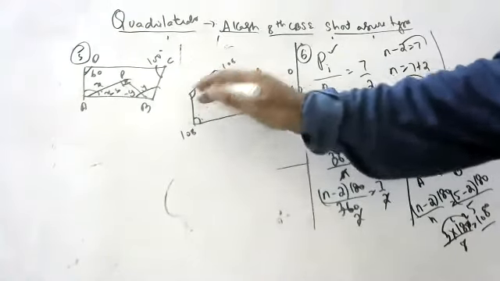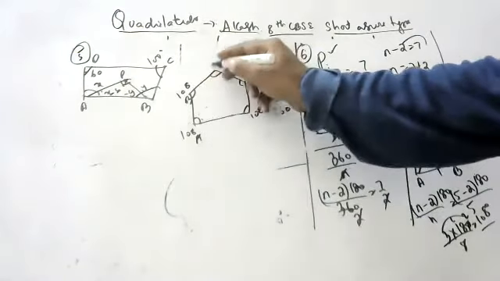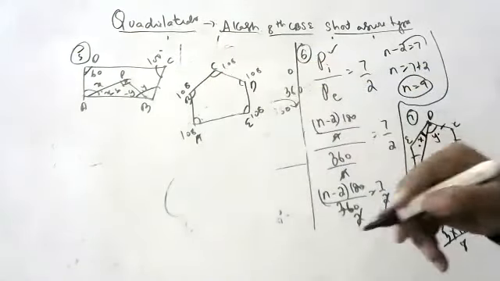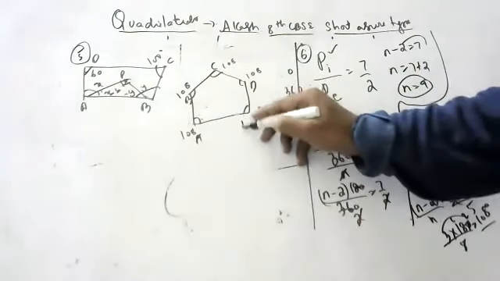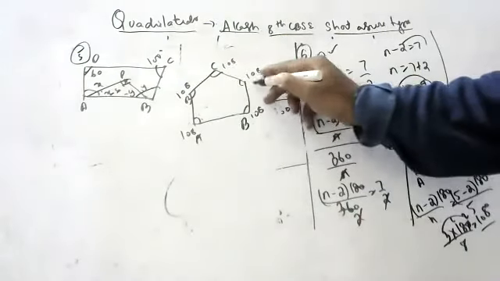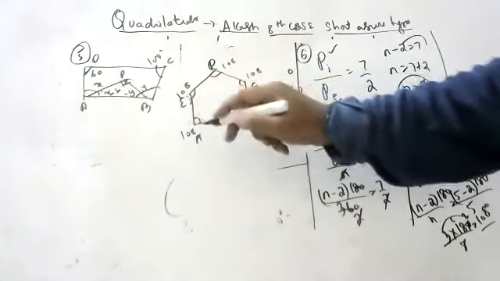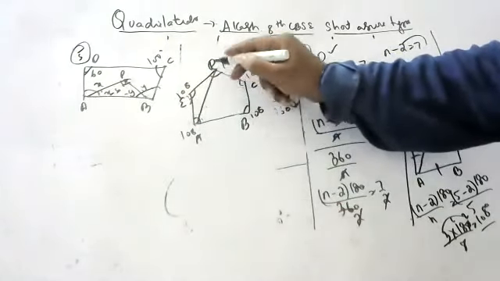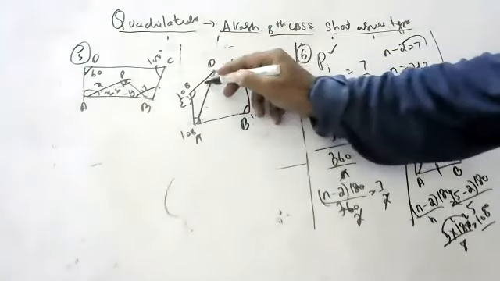Now, children, there was a diagonal from A to D in pentagon ABCDE, which divides this angle into two parts.